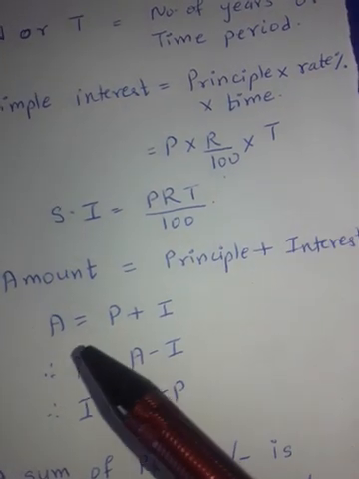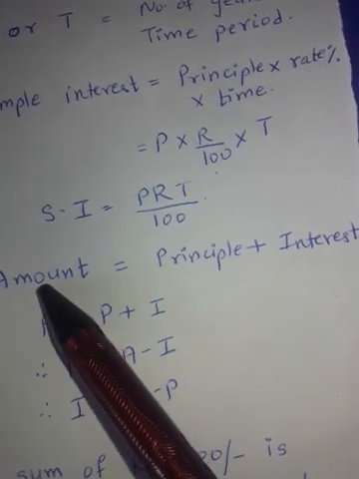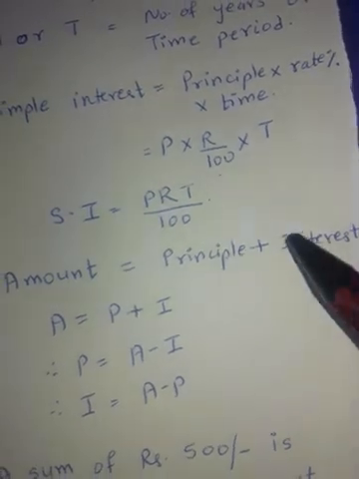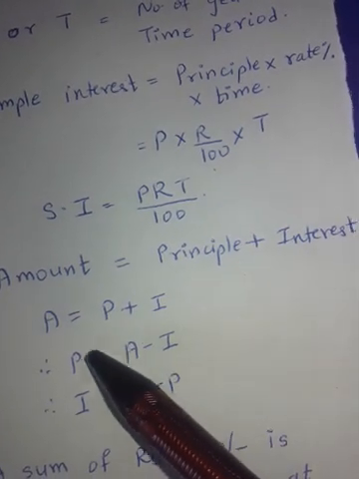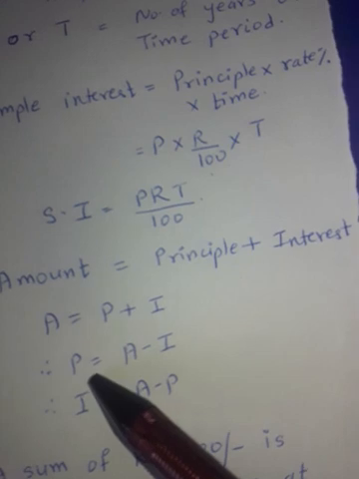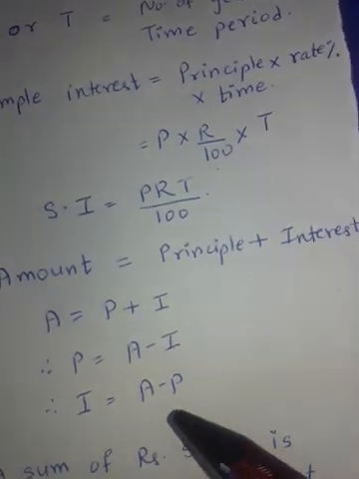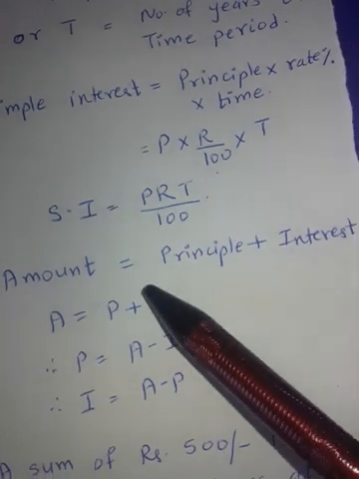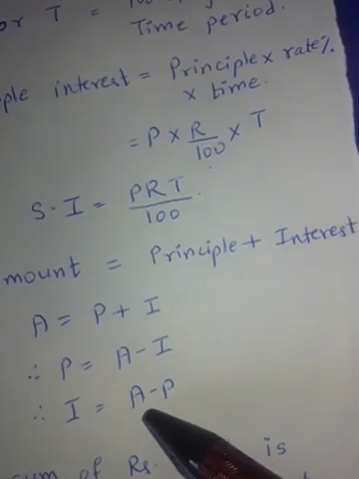As simple as that. So A is equal to P plus I. That means P is equal to amount minus interest, and interest is amount minus principal.